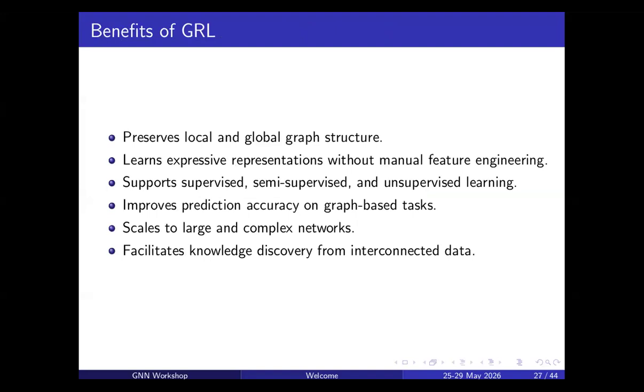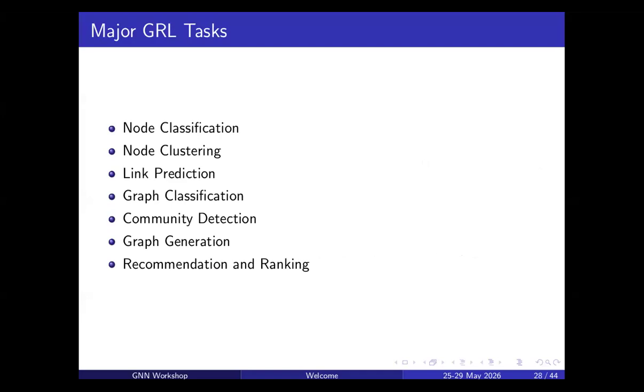And they preserve the local and global graph structure, learn expressive representation without manual feature engineering. We already mentioned they support semi-supervised, supervised, or any other paradigm, and improve prediction accuracy on graphs. You can see many advantages. And there are many tasks that you can use. Major tasks include node classification, classifying a node. We'll see some examples in the upcoming application part.